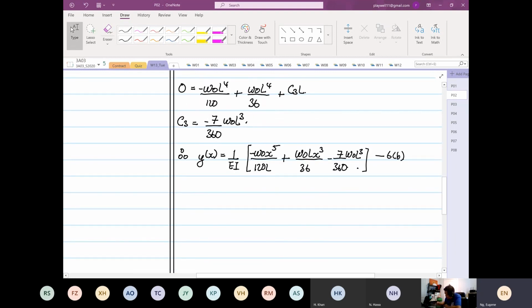We also know that our slope theta as a function of x is equal to 1 over EI, and this will be equal to minus omega naught x^4 over 24L, plus omega naught L x squared over 12, and then C3x. Sorry, I'm missing another term.